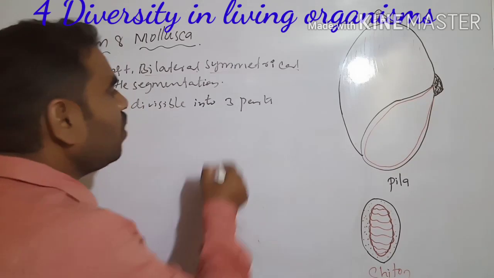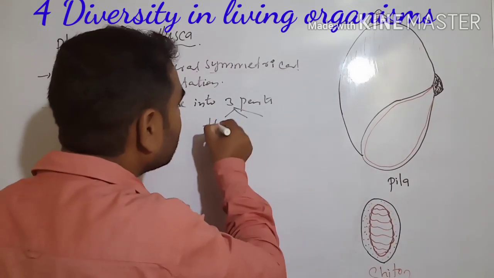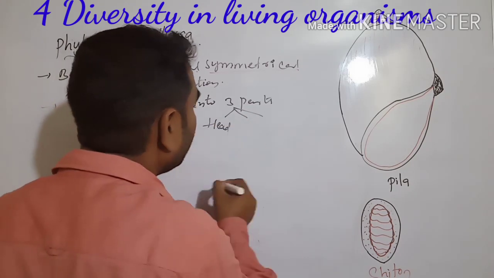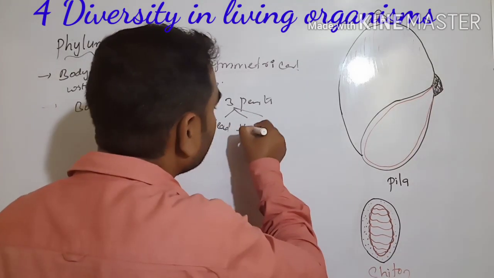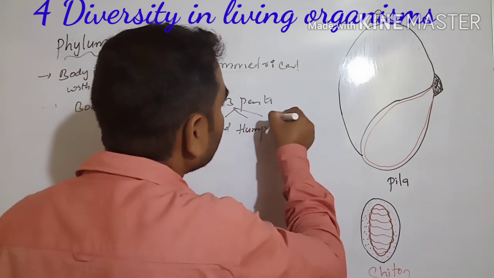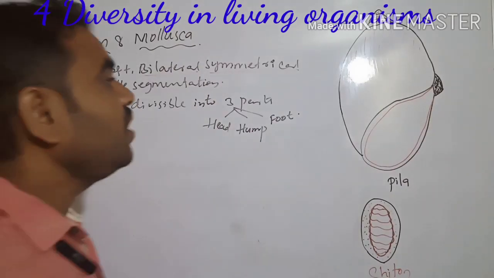For example, what are the three parts? Head, hump, and foot. So it is divided into three parts.